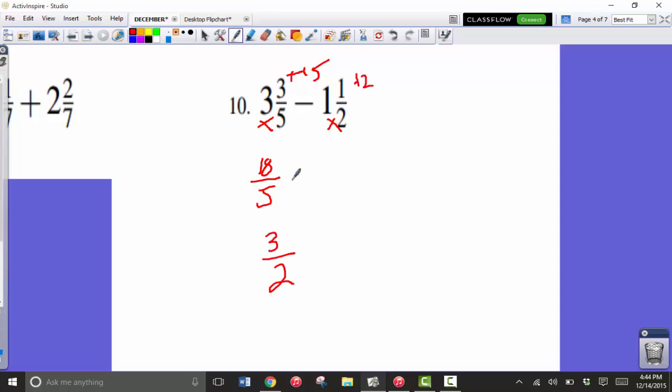Now you're at a part that looks familiar to you. So we're going to find our common denominator. Using the multiplication chart, you will realize your common denominator is going to be 10, the least common denominator. Let's divide. 5 will go into 10 2 times. Multiply it with your numerator.